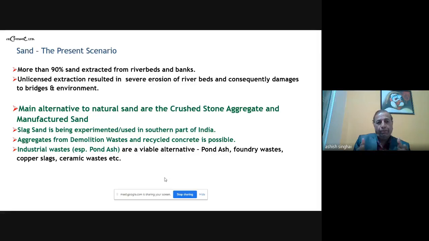Now, people may ask how it is all about performance. Performance wise, I myself have conducted a lot of concrete studies, and I found that in terms of strength, it is 20 to 25% more than typical river sand concrete. Workability is almost equivalent to river sand. Overall durability is high. Why?